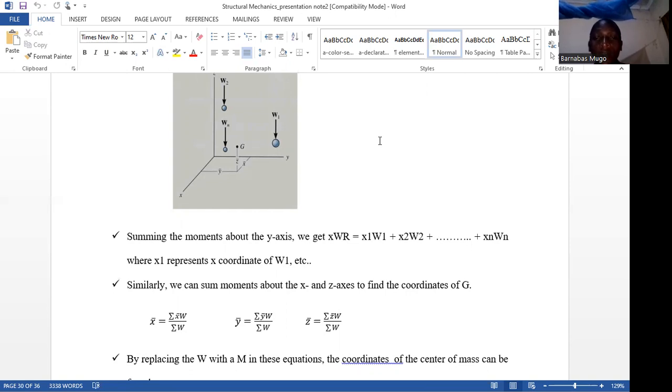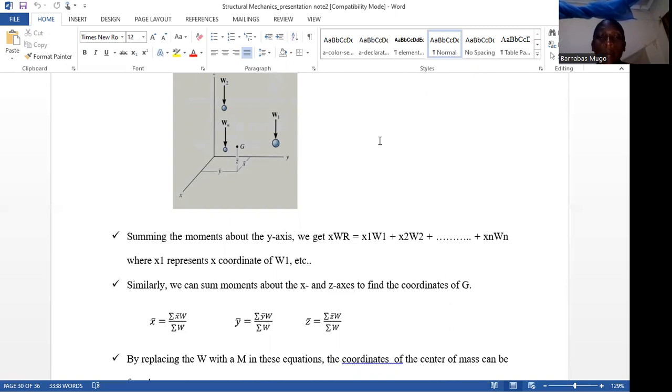That is x1, for example, times w1. x1 is the distance from the y-axis to the point where we have w1, which is the weight for 1. So if you multiply the two, you get the moment due to that w1. So you sum all the moments so that you can have the resultant moments.